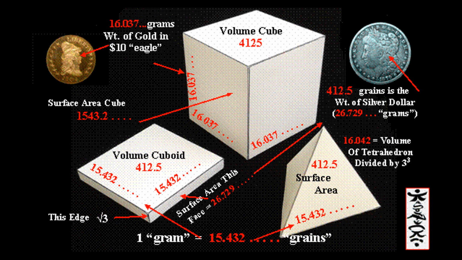We can see that a cube with a volume of 4,125 units has an edge length of 16.037 and a 1,543.2 surface area. If the unit is a single grain of US coinage silver, then this cube is equal to 10 silver dollars, like the coin to the right.